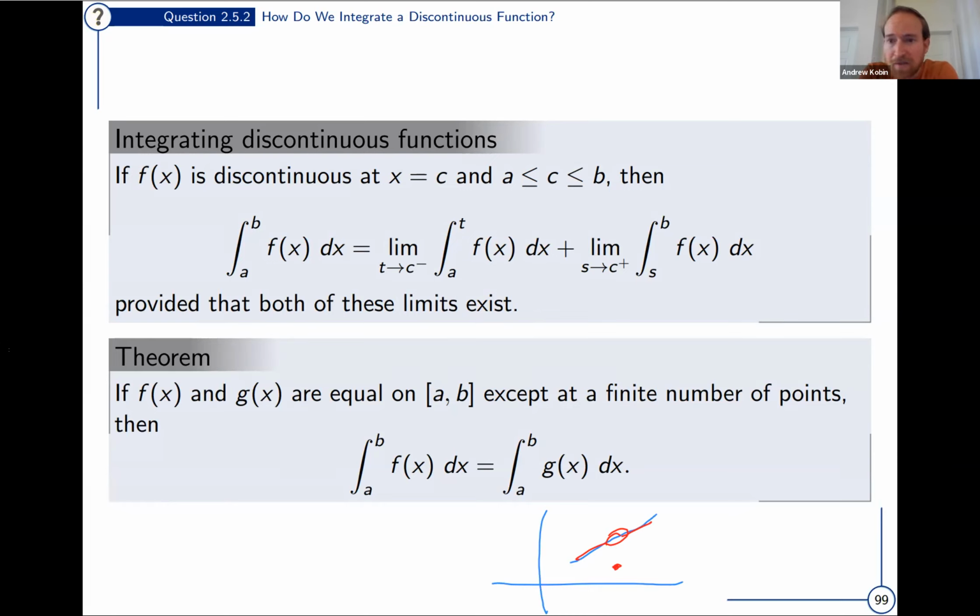So if f is blue and g is red, these will have the same definite integral value along this interval. And the reason is that when we're integrating, we're computing an area under a function, and area doesn't care about single values at points, it only cares about two-dimensional measurements. So you can think of this as removing the area of a point or changing the area at a single point, which, since points don't have areas, they're zero-dimensional, this won't affect our answer. There's some more rigorous proofs of this that you can find in the textbook.